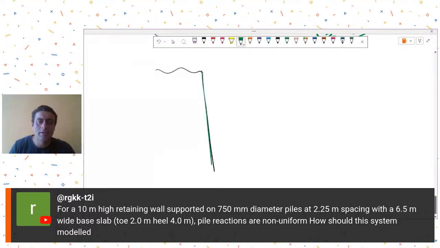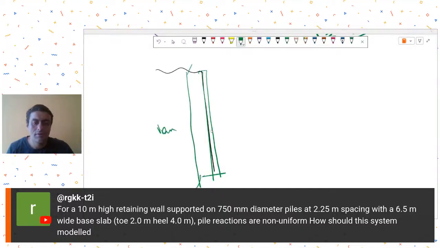So he's saying that this is his retaining wall, 10-meter high, and 750 dia pile. So now 750 dia pile, where and how it is getting supported, whether you are providing a base slab like this, or you are just providing pile caps at certain intervals.